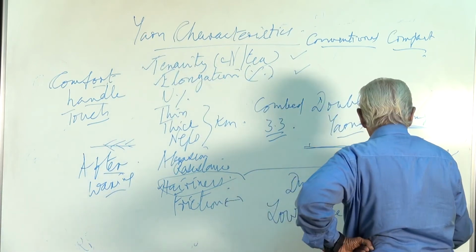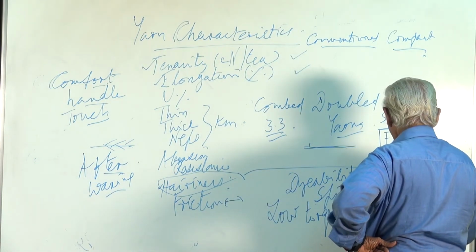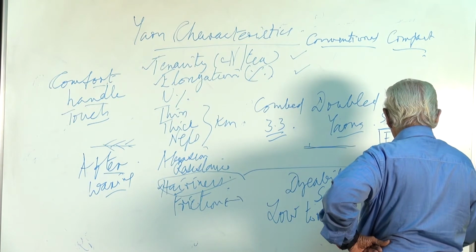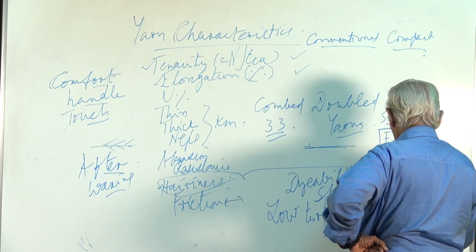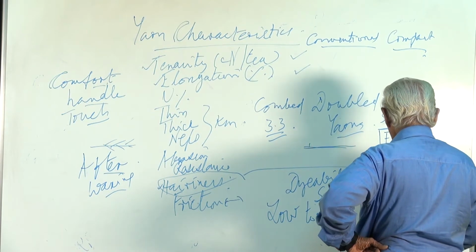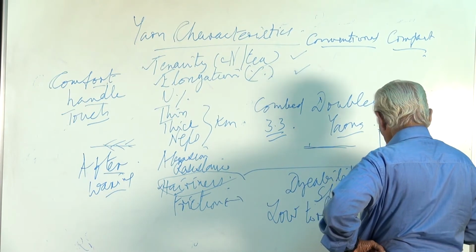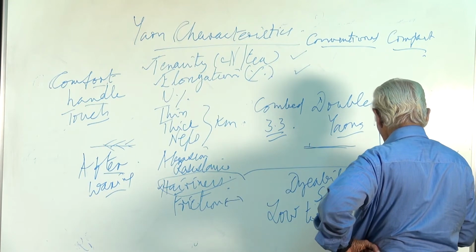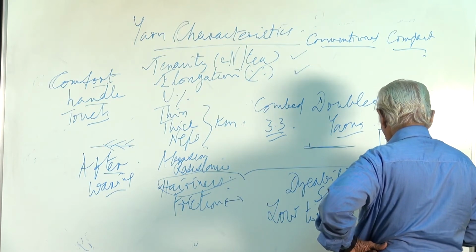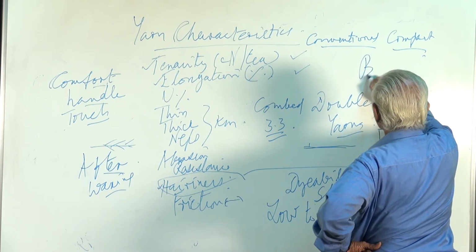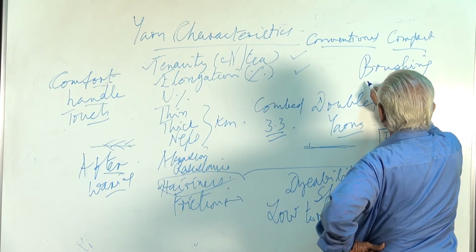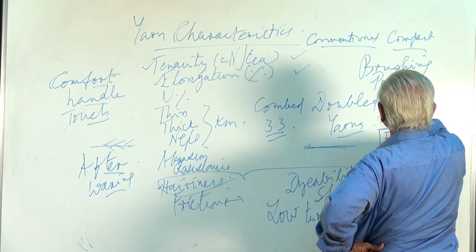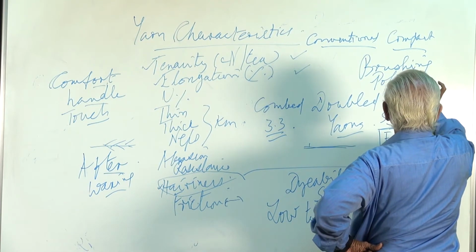So fiber modification, then yarn modification, that is low torque yarns, then fabrics with different finishes. In fact, finishes will make a lot of changes in the fabric appearance. For example, there is a process called brushing, about which some information was given earlier, or polishing, or sand wash.